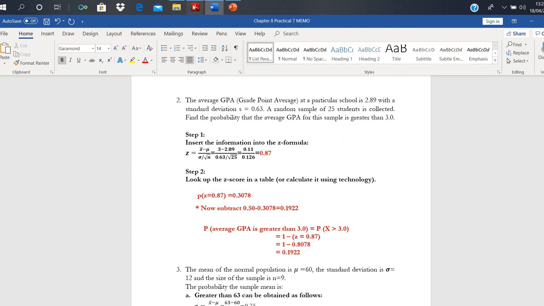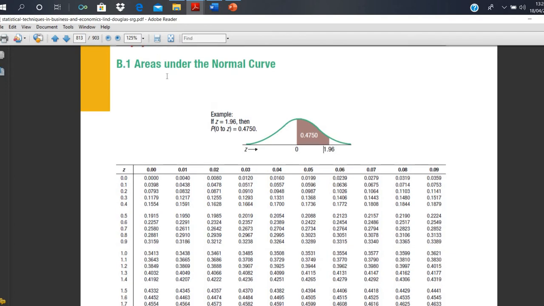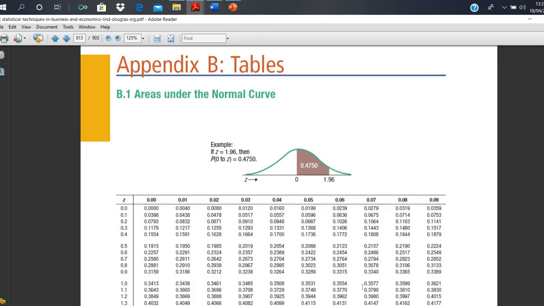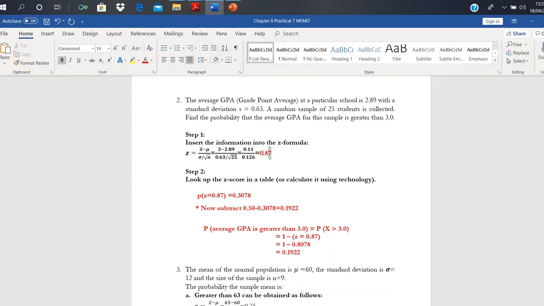Now, in our case, we have calculated a Z value equal to 0.87. If you are using this table in the book, I'm repeating it clearly, because there is another table that I will show you later, that is how you find the probability associated to a given Z value. So in our case, the Z value is 0.87.